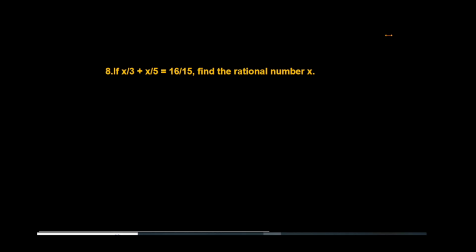Next question. If x by 3 plus x by 5 is equal to 16 by 15, find the rational number x. So find the LCM. 15 is the LCM. 3 and 5's LCM is 15.